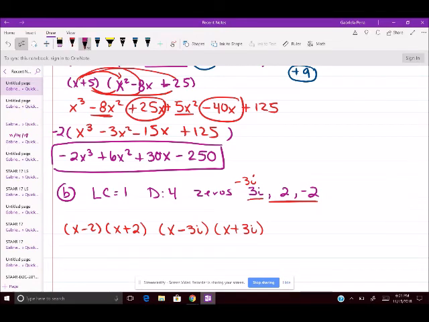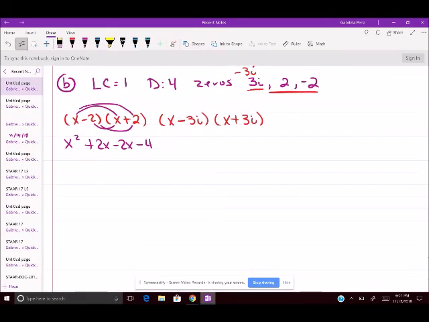So when I look at this part, I do FOIL. x squared plus 2x minus 2x minus 4. So that becomes x squared minus 4 because these two cancel. I have to do FOIL on the other side. x times x, x squared, x times 3i, plus 3ix.